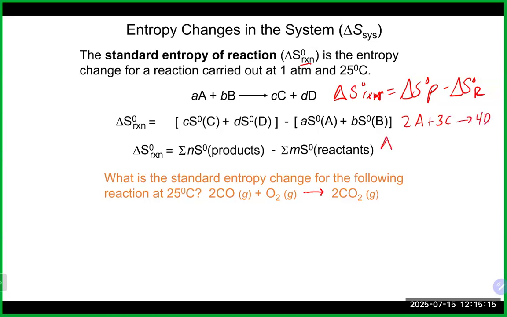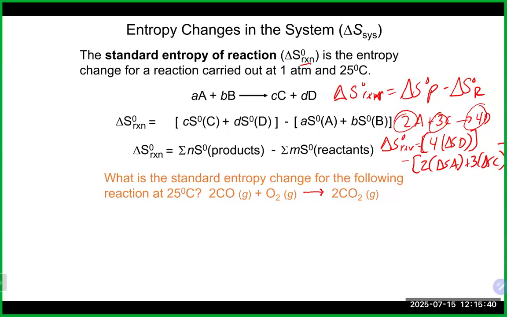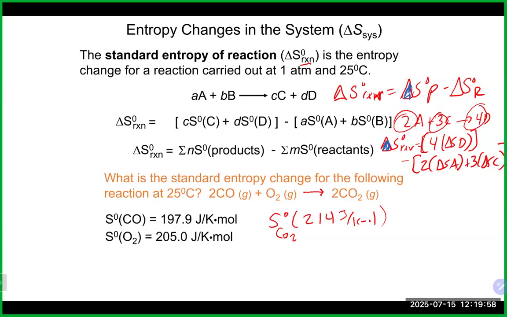So in this case, the delta S of the reaction would be 4 times the delta S of D minus 2 times the delta S of A plus 3 times the delta S of C in this case. So you do have to take those coefficients into account, and that will allow you to calculate the delta S of the system or the reaction. So why don't you give it a try? Okay, let's take a look.